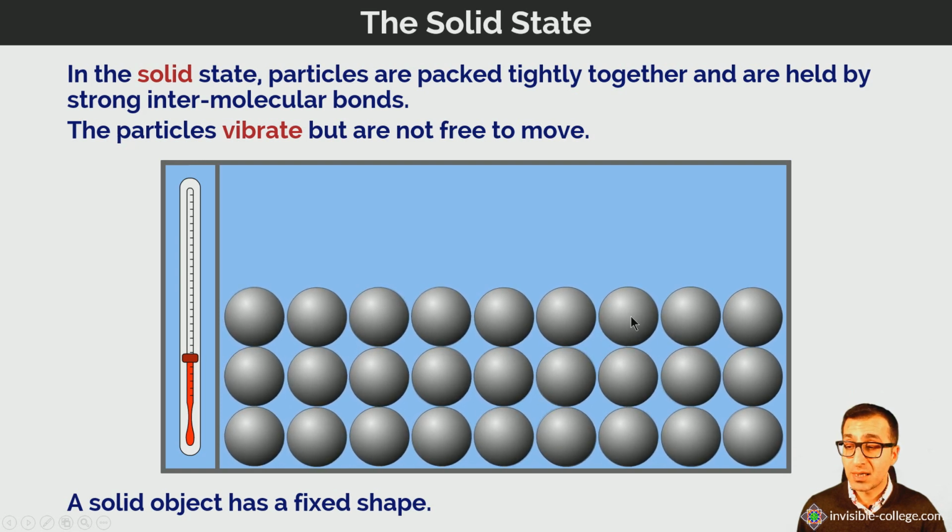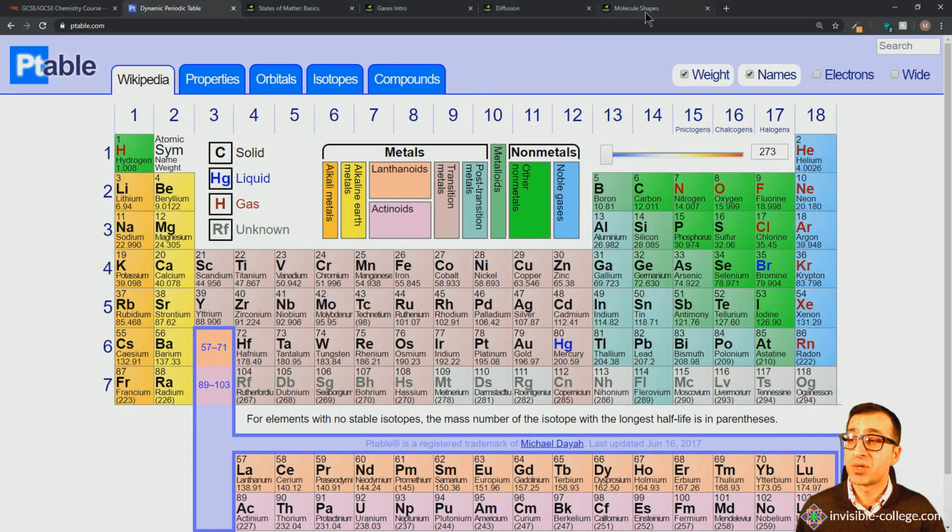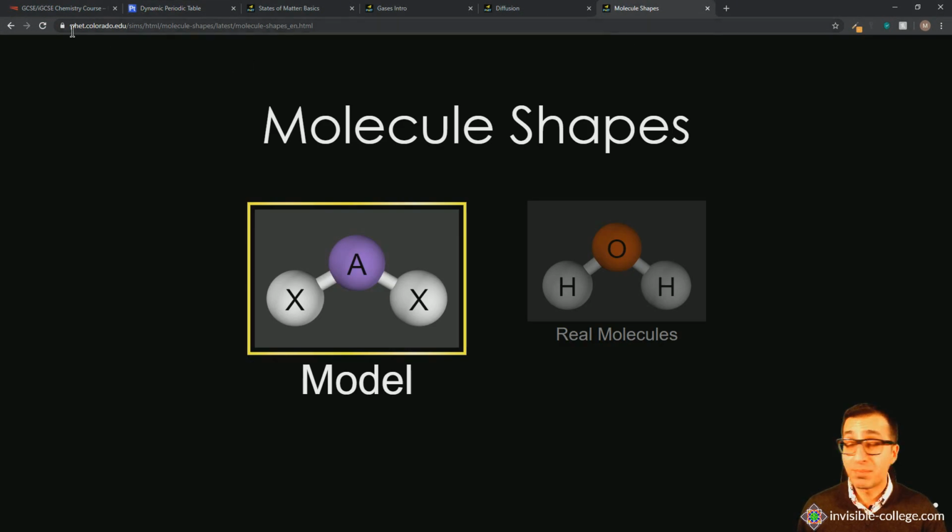But this idea of particles as featureless spheres is even less applicable to molecules like water, for example. Simple molecular substances are composed of groups of atoms chemically bonded together. This is one of those PhET simulations that you can try for yourselves.